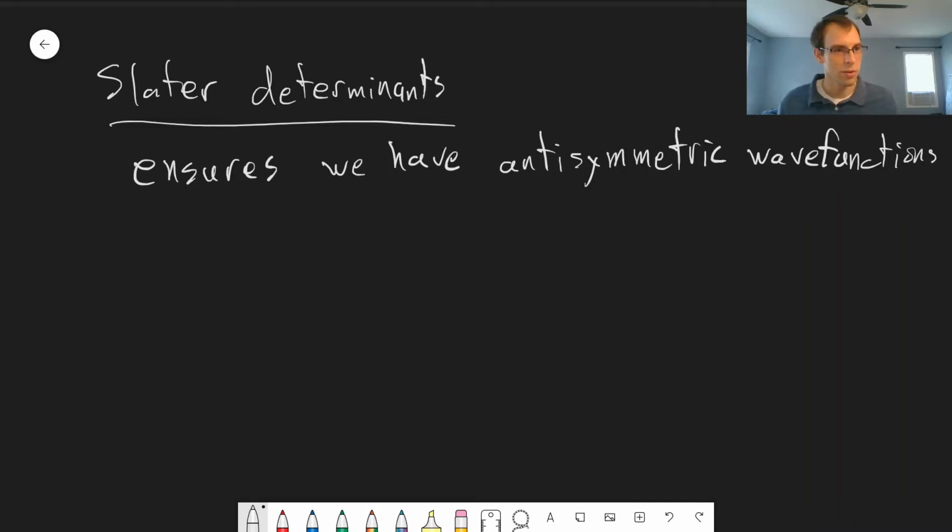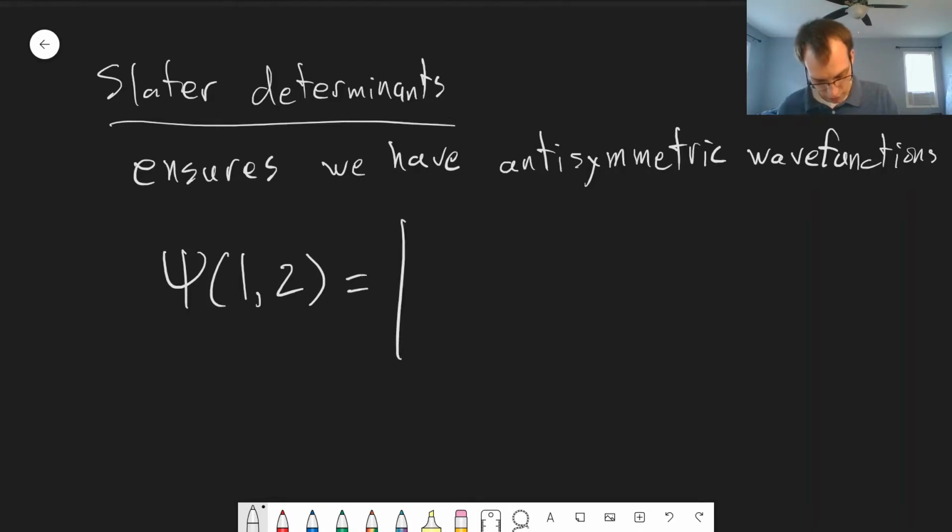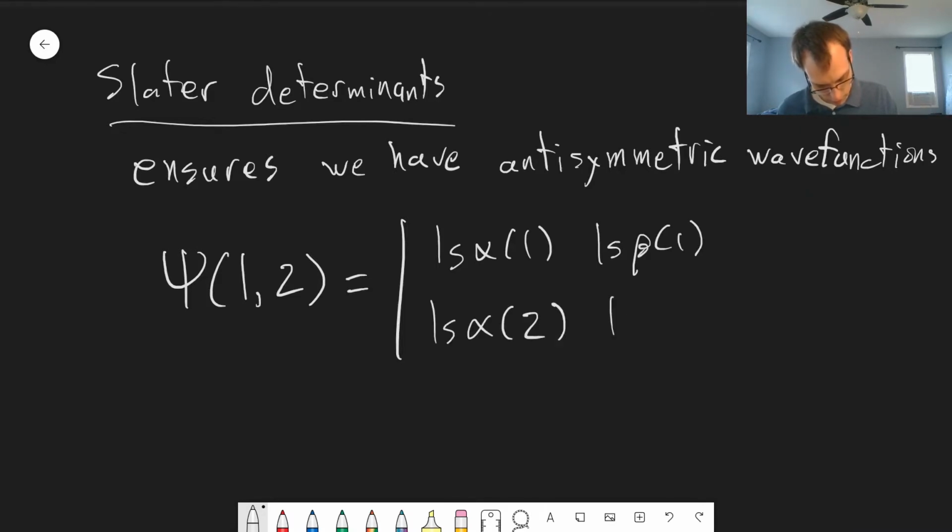Okay, so say for helium, we can take what we just wrote and write this as a determinant. So we'll have 1s alpha 1, 1s beta 1, 1s alpha 2, 1s beta 2.